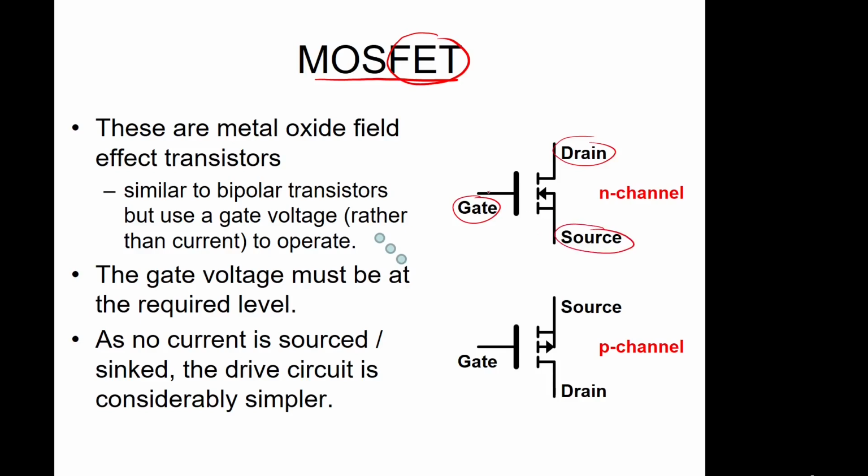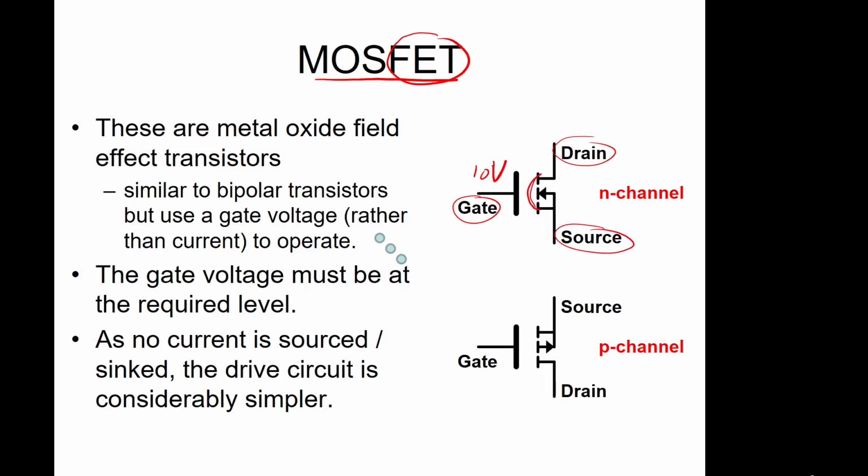And rather than putting current in, in the case of a FET, what we do is we set this at a certain voltage level. So we might set this, say, 10 volts. When this is activated to be a certain voltage level, then this essentially opens this route up for the current, and current's allowed to flow through here, and hence we've activated the transistor.